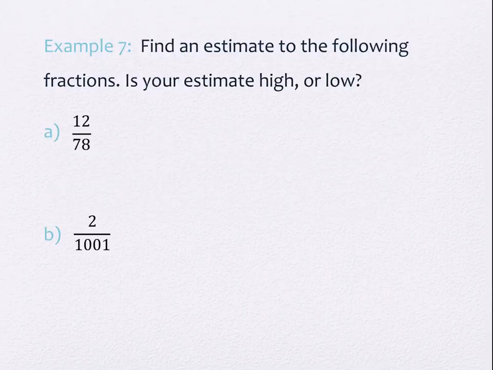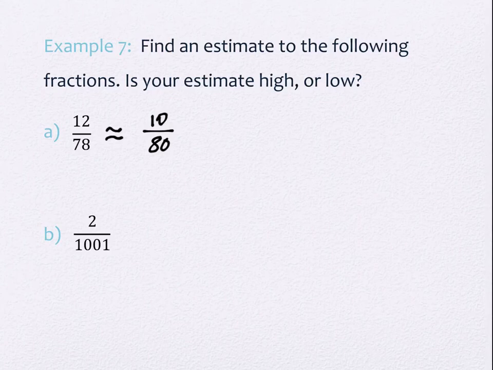For example, if you had 12/78, that is not pretty. And I do realize we could divide them both by 2, but it's still not nice. However, it is approximately equal to 10/80. So if you adjusted the 12 and you adjusted the 78 to something that's really close to it, but not quite the same, so that they divide out easier, 1/8 is approximately the same as 12/78.